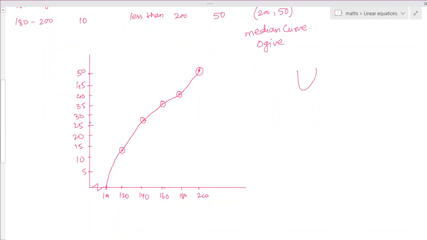Ma'am, when we draw with freehand, one of us may draw it properly and another person might draw a bigger curve, so the values might change. Actually, with the hand, you are drawing a straight line itself, but you are not showing it with the scale. That is the only difference. You are not making curves like this or this. It is directly this point and this point joined with a straight line, hand drawn. Scale you are not using.